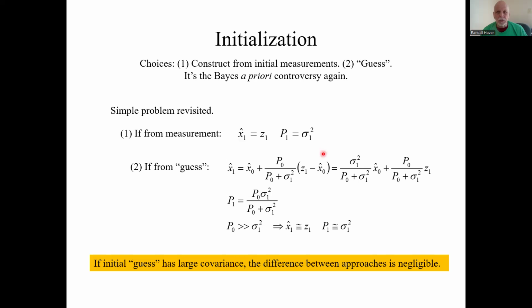And for the simple scalar problem, here's some example arithmetic. If you remember that problem, we're just getting measurements of an unknown quantity. From the very first measurement, you could just say my first estimate is that first measurement, and my first variance on the error of that estimate is just the measurement error.